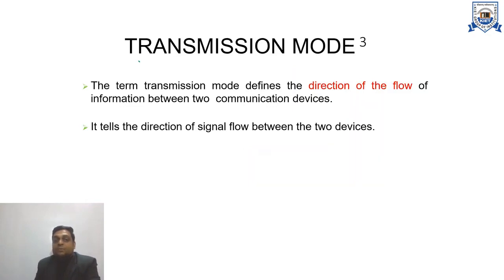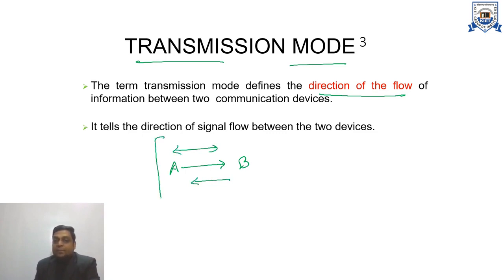Next is transmission mode. Transmission mode tells the direction of the flow, meaning from where to where data is traveling. Like there is a device A and a device B: A to B, B to A, or bidirectional.